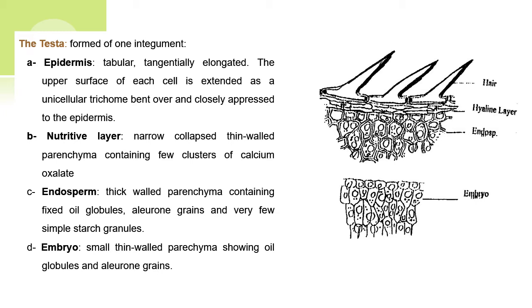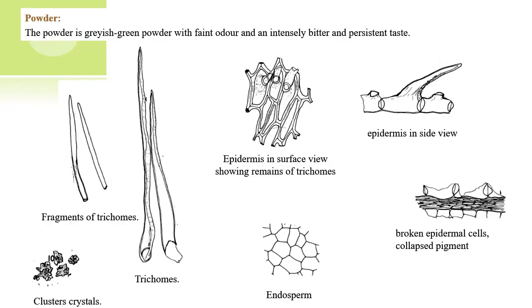The embryo is formed of thin-walled parenchyma, showing also oil globules and aleurone grains, following the endosperm.